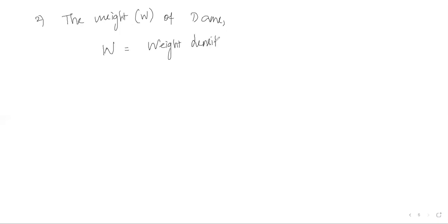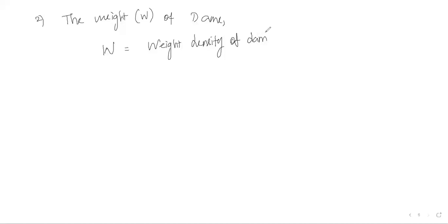So next, the weight of dam. Weight is equal to the weight density of dam. The weight density of dam depends on which material they have used for the construction, like concrete or masonry, either rubble masonry or whatever it may be.